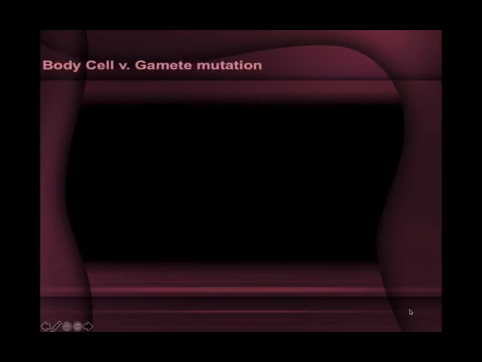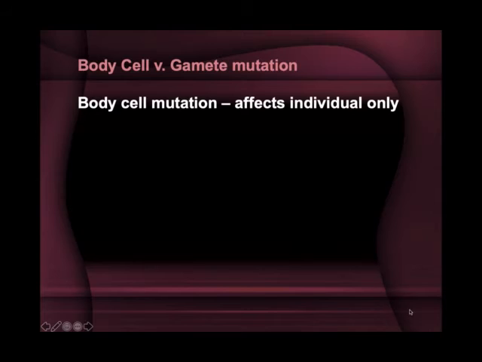So let's talk about two different types of mutations. If a mutation happens in a body cell, what's the result? If it happens in a gamete cell, what's the result? A body cell mutation is only going to affect the individual that has the body cell.